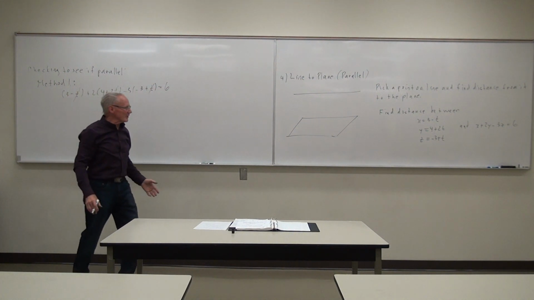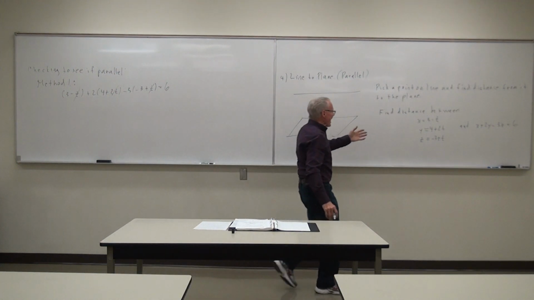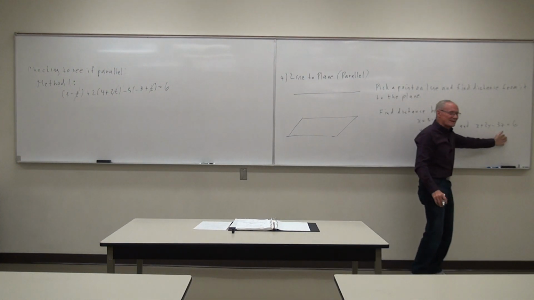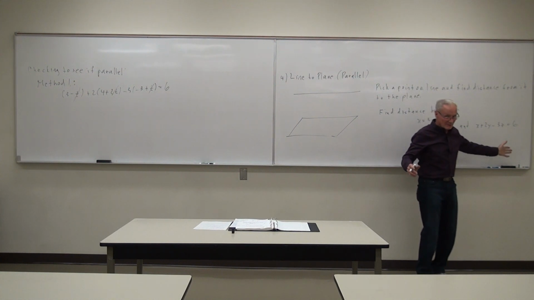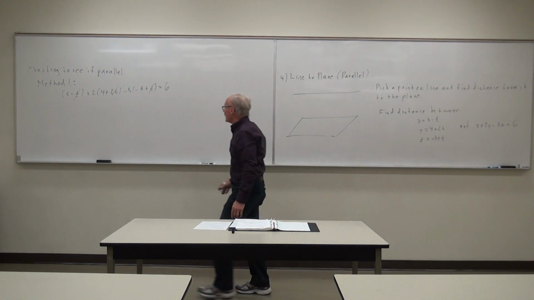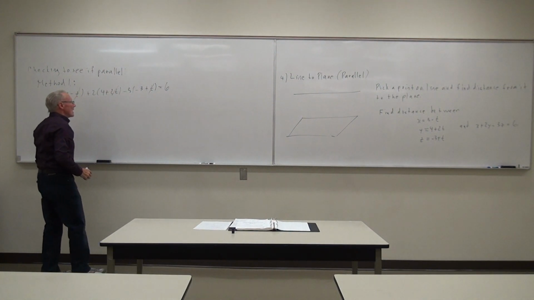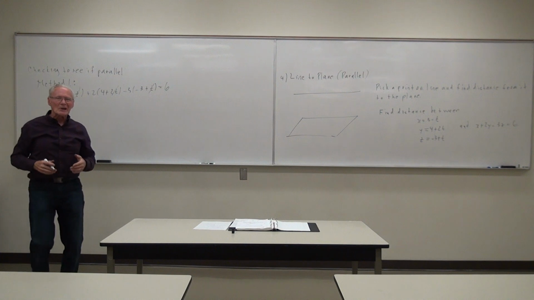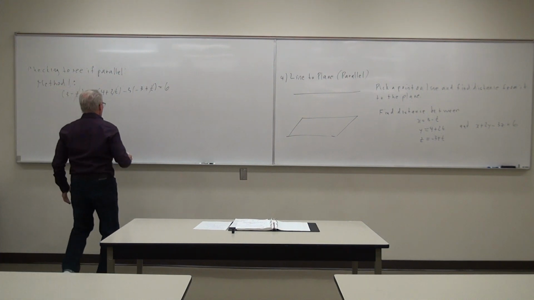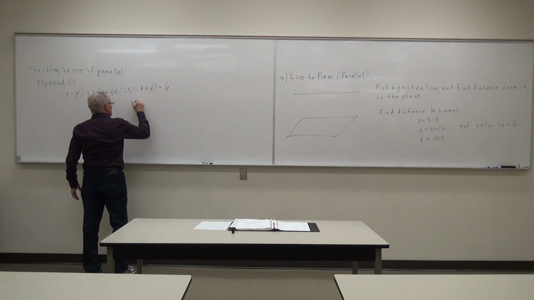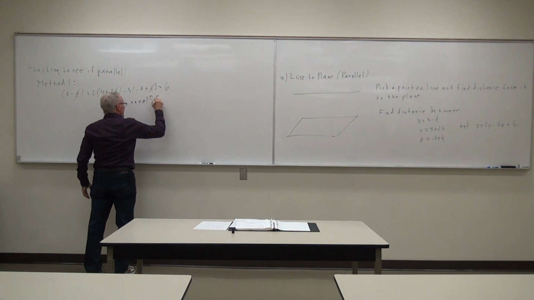That would mean this line lies completely inside the plane, which would be a fluke, but it could happen. But they don't cancel. Agree? You've got a 9 here, a 17, a 20, and 20 is not equal to 6. Therefore, no solution for t.